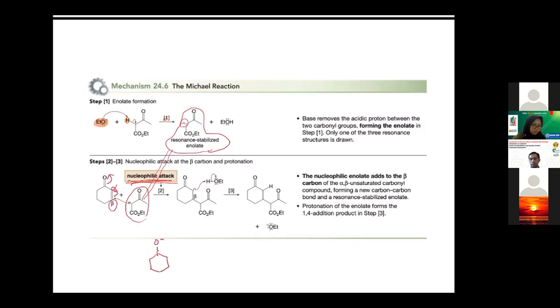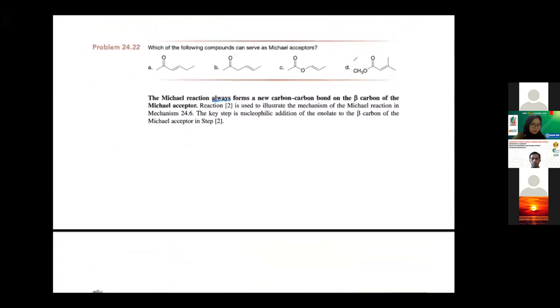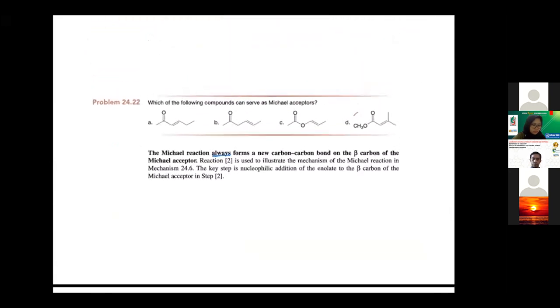O minus, and here to here, and this also makes the carbonyl again and takes the proton again. Okay. Yeah, the mechanism is written here. We have to go back to the last page.